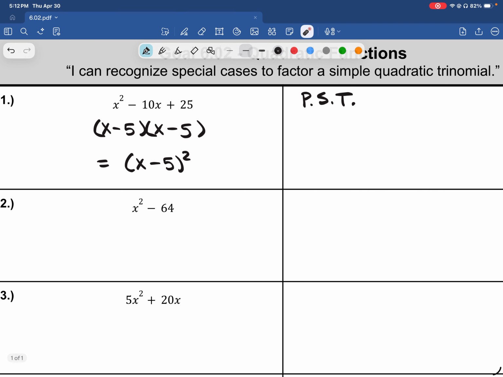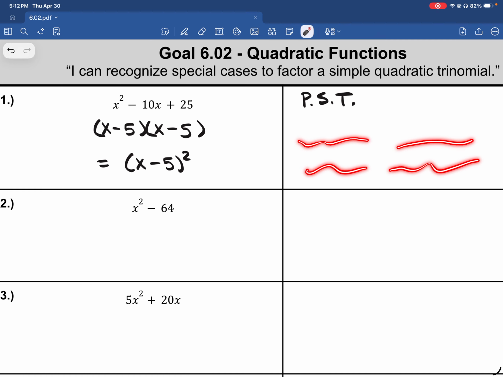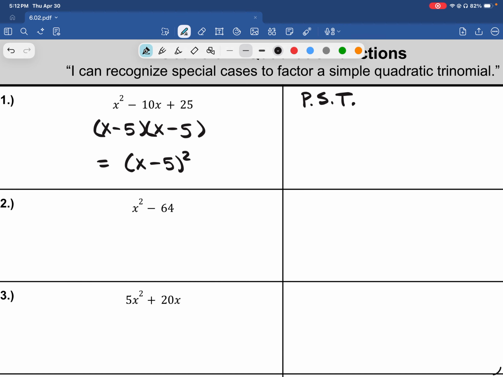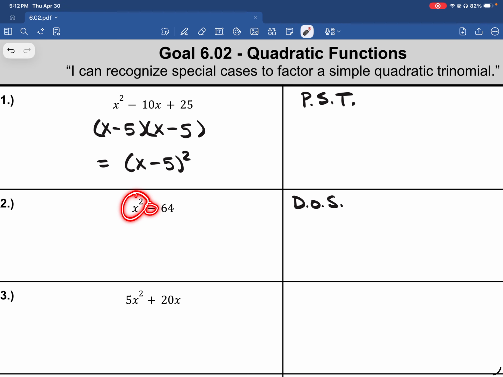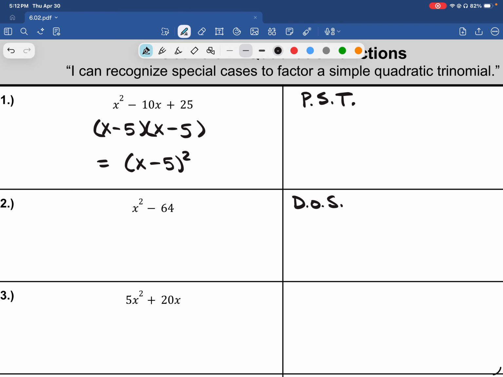Again, you still want to express how do you know that it's x minus 5 and x minus 5 over here. Number 2. This one is the difference of squares. How I know that is I've got x squared minus a perfect square.